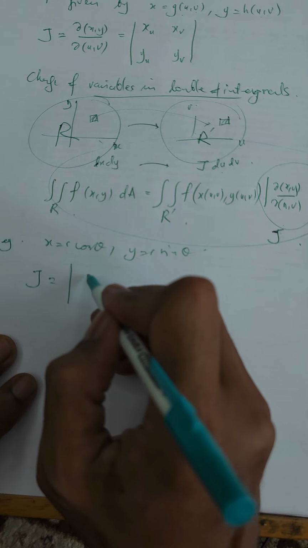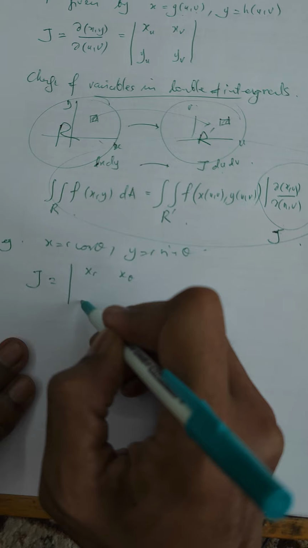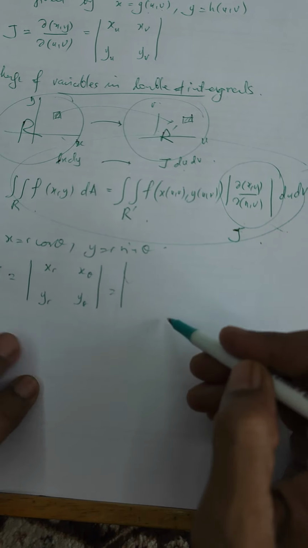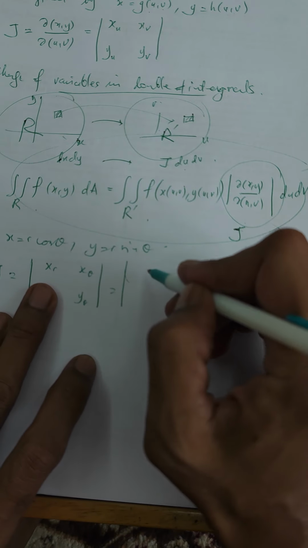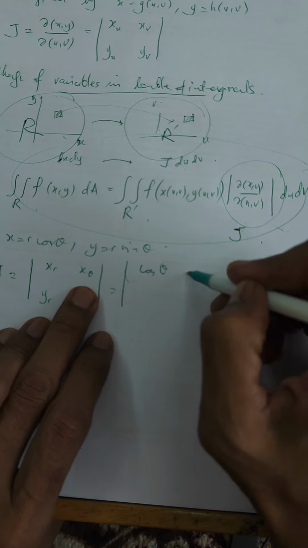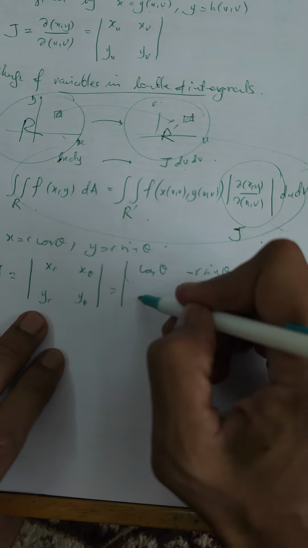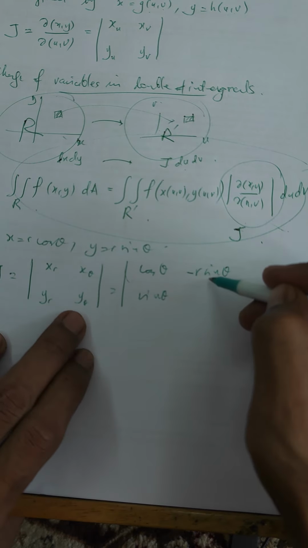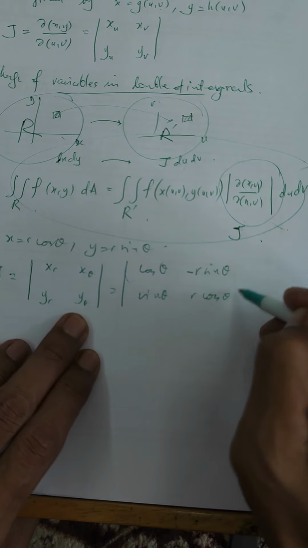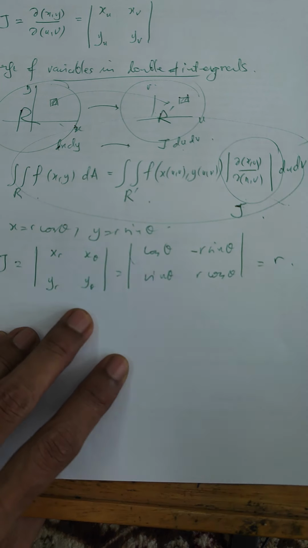We have xr, x theta, yr, y theta. xr is cos theta, x theta is negative r sine theta, yr is sine theta, and y theta is r cos theta. Everything there gives you r.